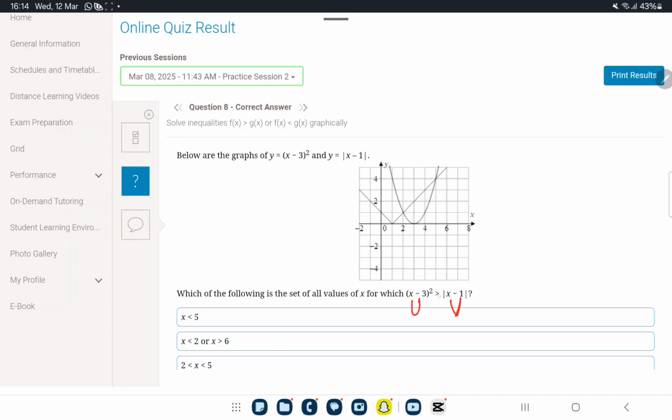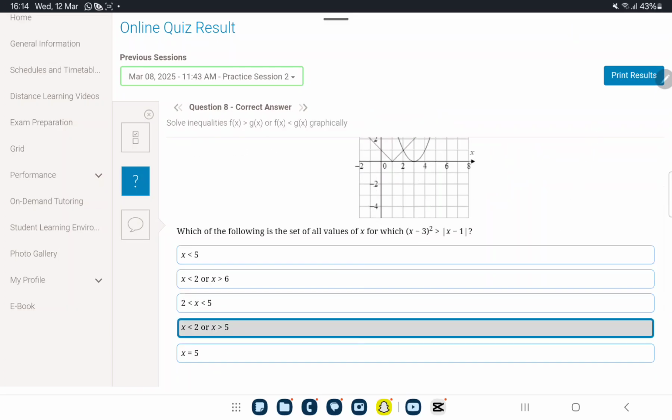They're asking which part is the U above the V. So it's above here at x equals 2, and also here at x equals 5, and it continues going up when x is less than 2, and continues going up here when x is more than 5. So you go to the options, x less than 2 or x more than 5.